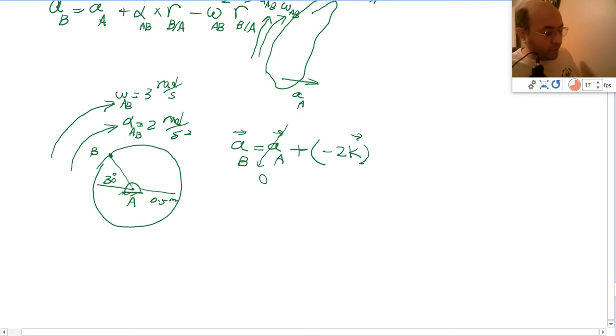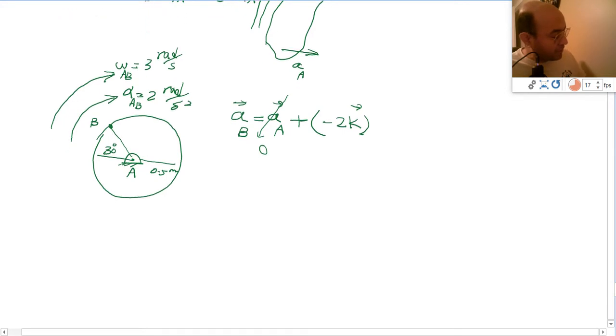R of B with respect to A, I need to find that. Assume A as your origin. If you assume A as your origin, where is point B located? Something like this.